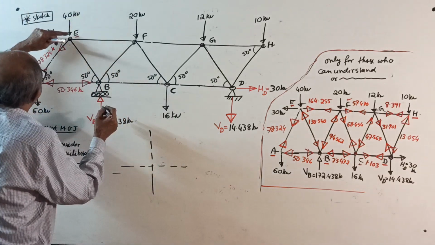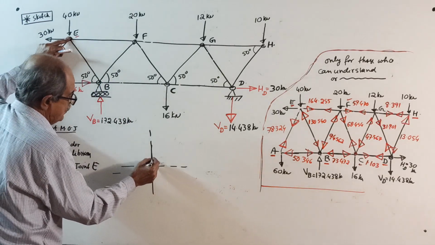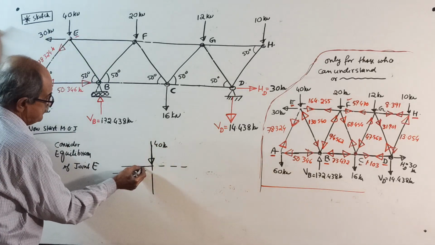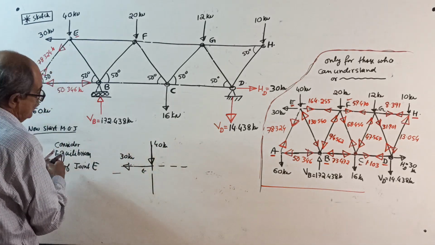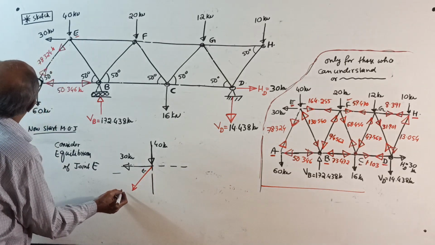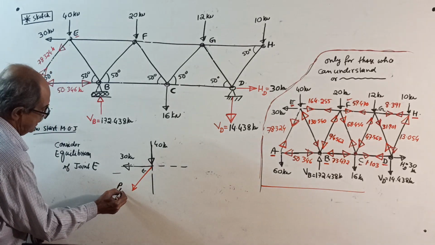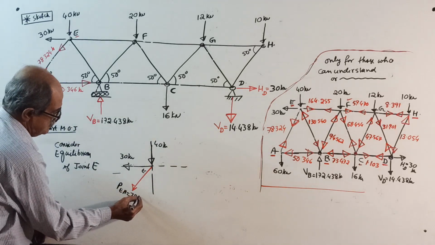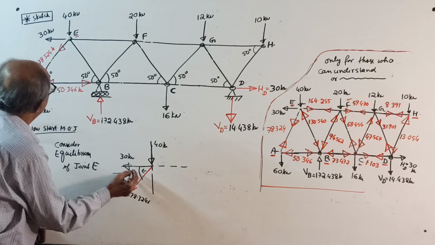See here, joint E. One downward force of 40 kilonewton. One left force of 30 kilonewton. Then one more force this way, PEA, which is already known, 78.324 kilonewton, and this angle is 50 degrees.